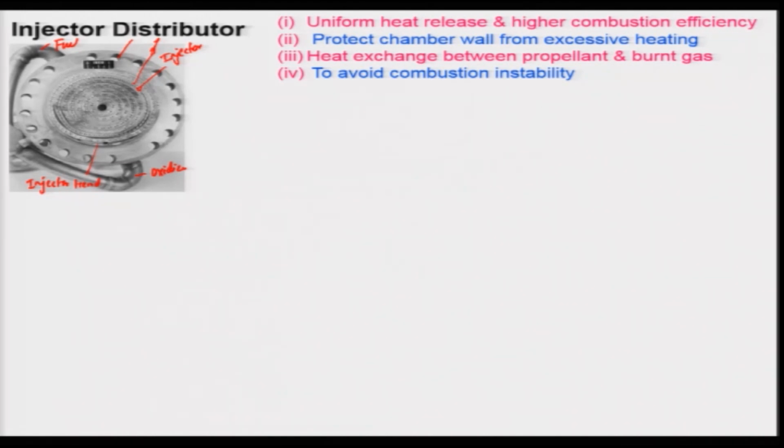If heat release is not uniform, it may lead to several problems. Besides this, the combustion wall in a liquid propellant rocket engine is exposed to high heat release, and if the oxidizer stream is near the periphery of the combustion chamber wall, then it may be eroded.